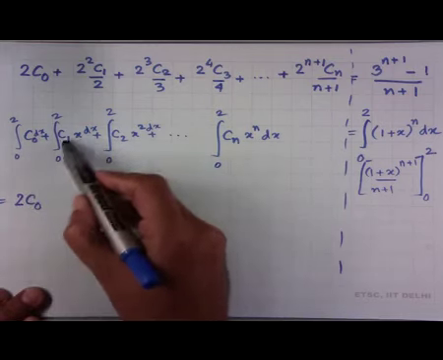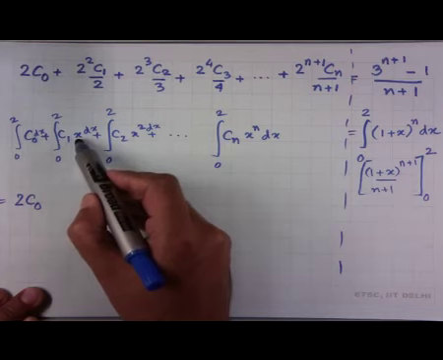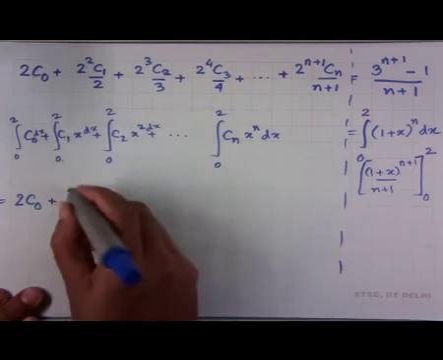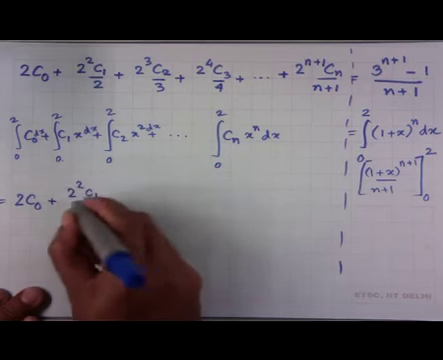C1 x is going to give you C1 x squared by 2, and use the limits 0 and 2, you get 2 squared C1 by 2.